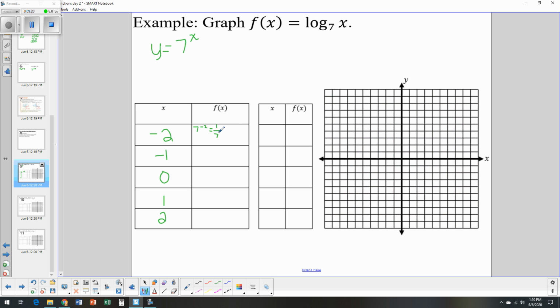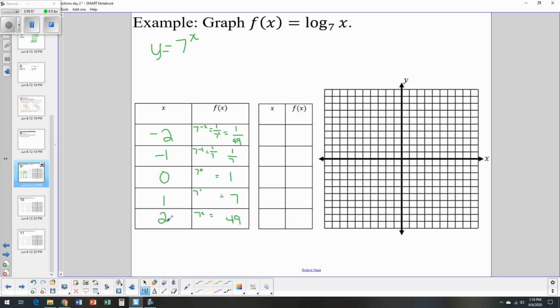That's what happens with negatives. So this is 1 over 49. 7 to the -1 is the same as 1 over 7 to the first, which is 1/7. 7 to the 0 power, anything to the 0 power is 1. 7 to the first power is 7, and then 7 squared is 49.